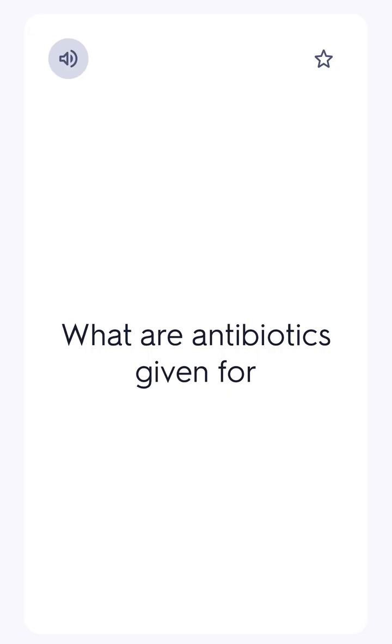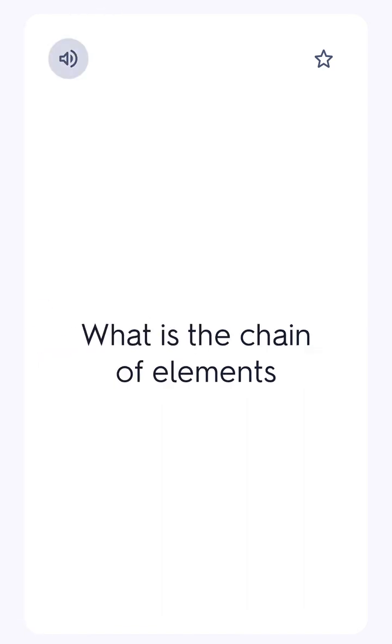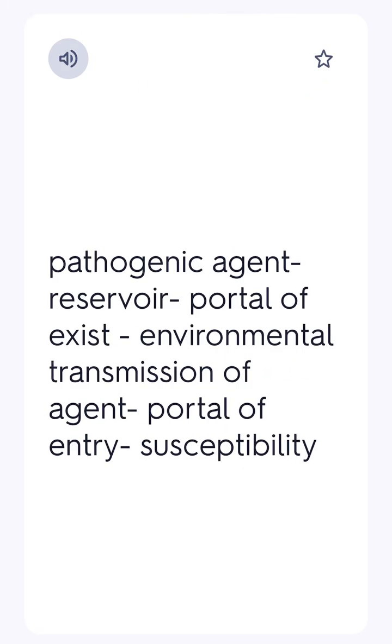What are antibiotics given for? Bacterial infections. What is the chain of elements? Pathogenic agent, reservoir, portal of exit, mode of transmission of agent, portal of entry, susceptible host.